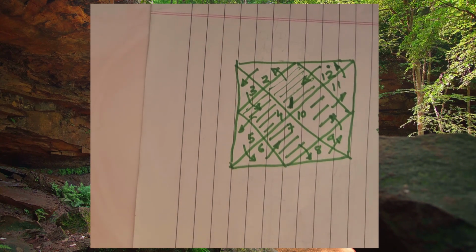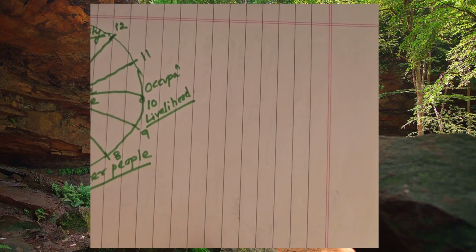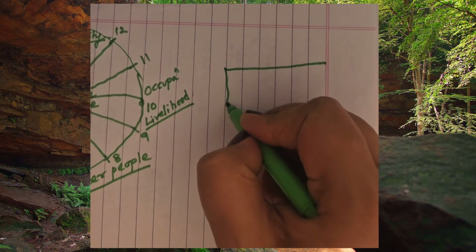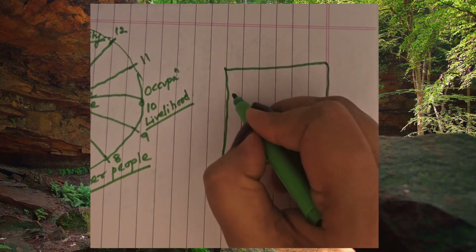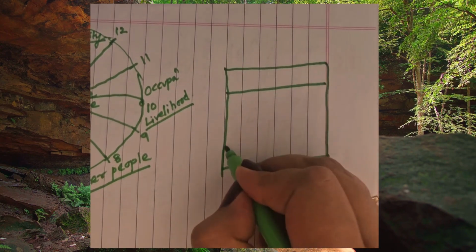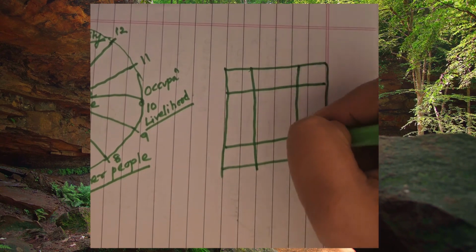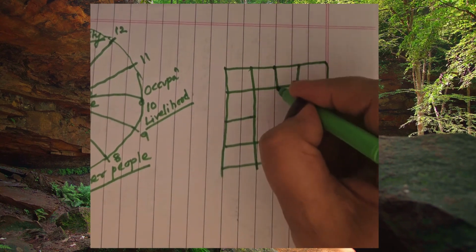We will quickly understand how the same thing is represented in the South Indian chart. So in the South Indian chart, we will draw the chart something like this. It's very easy. You just have to draw the chart like this first and then have one more line over here.